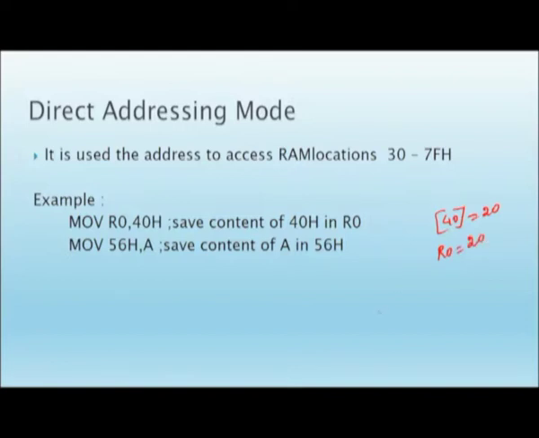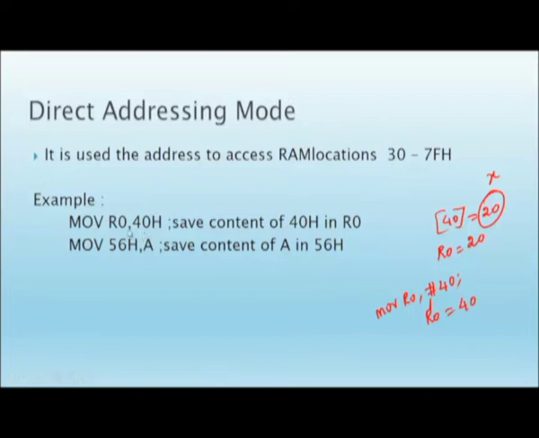Suppose you use MOV R0 comma hash 40, then after executing it R0 equals 40. In the direct case, the value might be x or any value; the unknown value is accessed. The memory content is read and stored in R0, because the operand is given without any symbol.